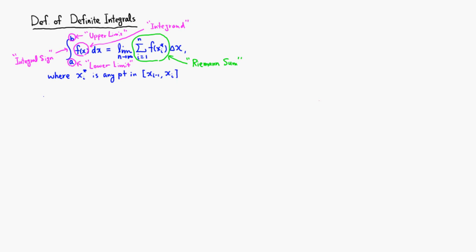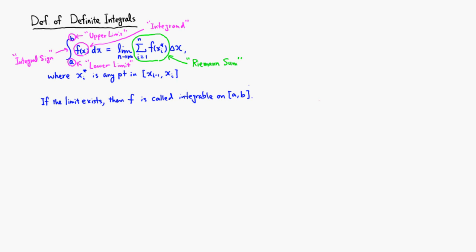If the limit exists, then we call this function f integrable on the interval from a to b. So integrable basically means that you can find the definite integral.